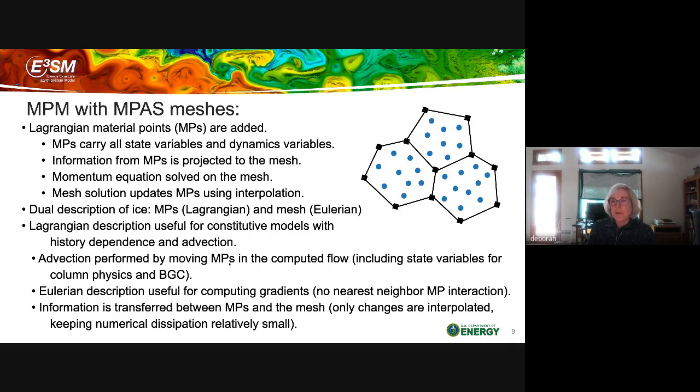So by projecting information from the points to the mesh and then taking gradients on the mesh, we don't have to do any nearest neighbor searches or direct interaction between material points. It's all mediated through the mesh. And when we transfer information between the material points and the mesh, we interpolate only changes in quantities, and that keeps dissipation small, because you can imagine interpolating back and forth is a dissipative process.